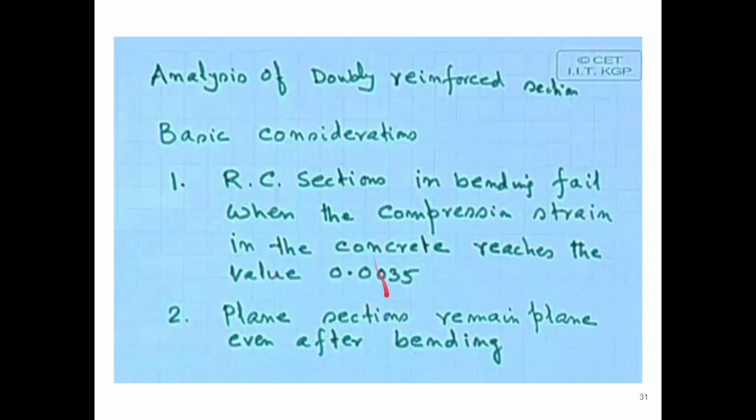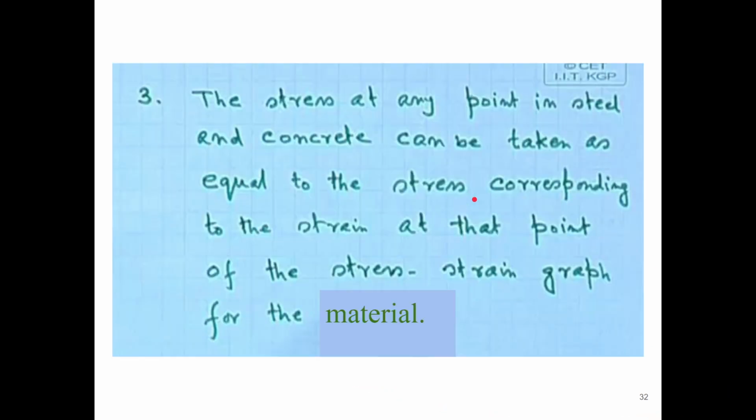So firstly, 0.0035 is the maximum strain at the extreme fiber in compression, and secondly, plane sections remain plane even after bending. These two considerations are taken, and apart from that we also take into consideration that the stress at any point in steel and concrete can be taken as equal to the stress corresponding to the strain at that point of the stress strain graph of the material.